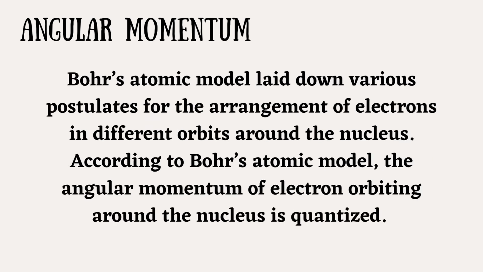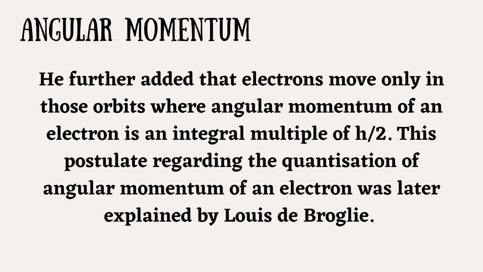Bohr's atomic model laid down various postulates for the arrangement of electrons in different orbits around the nucleus. According to Bohr's atomic model, the angular momentum of an electron orbiting around the nucleus is quantized. He further added that electrons move only in those orbits where the angular momentum of an electron is an integral multiple of h over 2 pi.